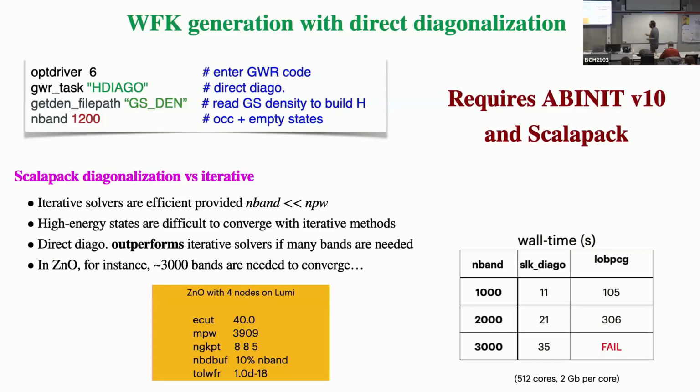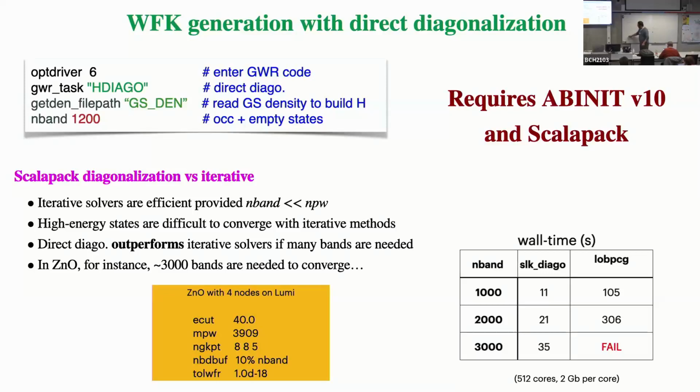And for the stopping criterion, we take the maximum over n and k of the residual. And this quantity should be smaller than tolwfr. It is 10 to the minus 18, and yes, this is the typical value that we use for the residual. But the stopping criterion is that the maximum over n and k of the residuals should be smaller than tolwfr, that in my example is 10 to the minus 18.